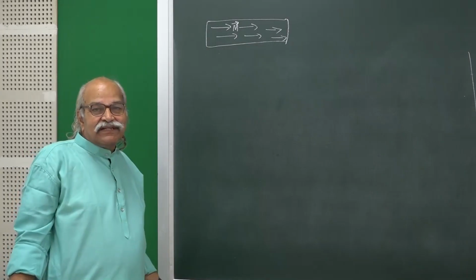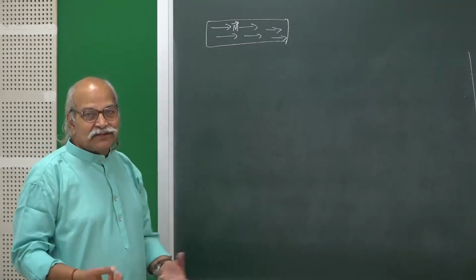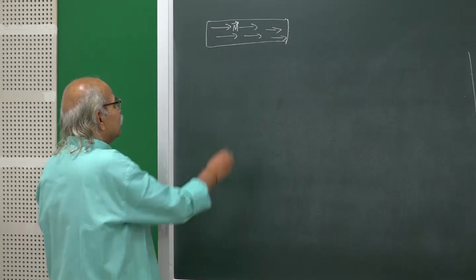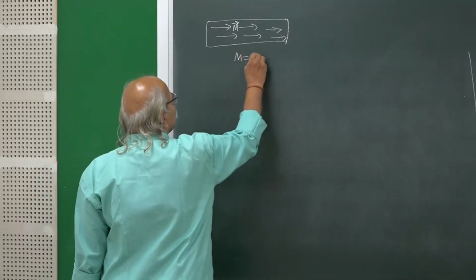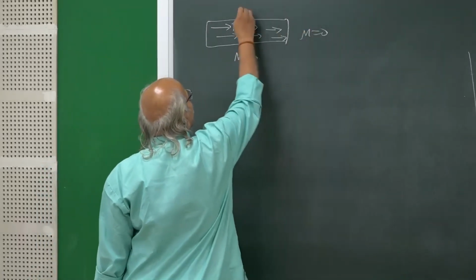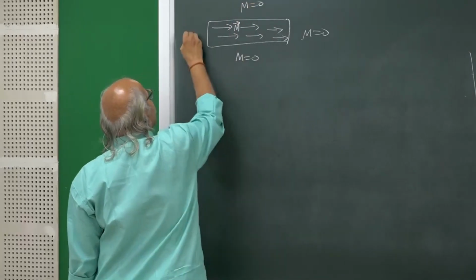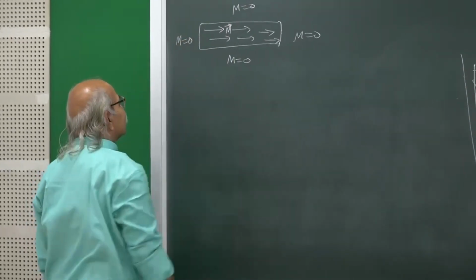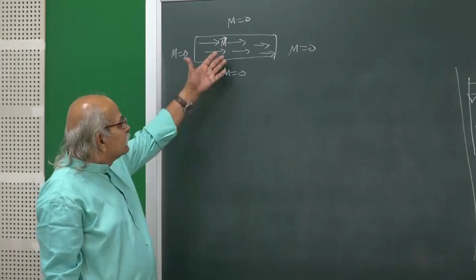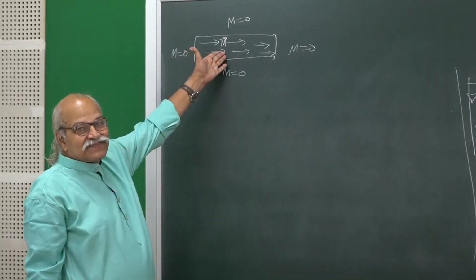Outside there is no material, so there is no question of dipole moment per unit volume. So, outside M is 0. Outside there is no magnetization obviously, and this is the bar magnet, right.